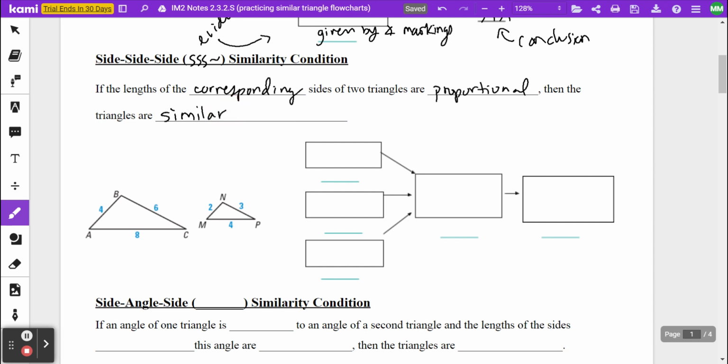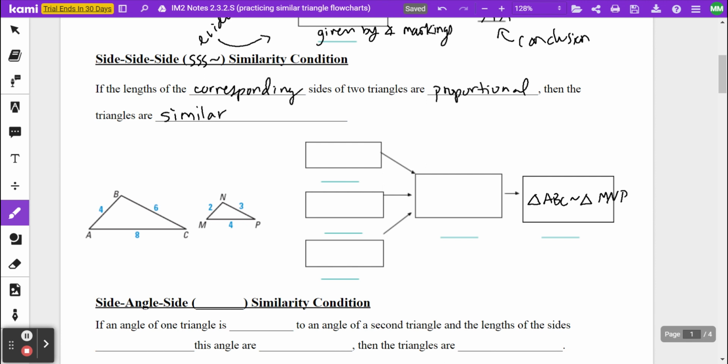All right. So let's start with our similarity statement. Triangle ABC is similar to triangle MNP.